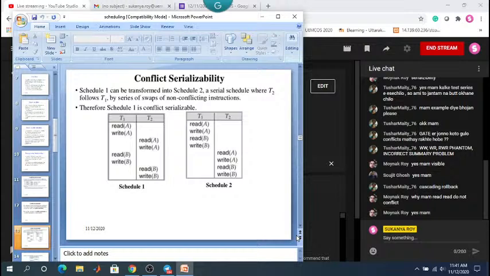But if I convert schedule 1 to schedule 2, then I can say schedule 1 is conflict serializable, meaning I can remove the conflict and make it conflict free by doing some swappings. See, I have moved read B before read A in transaction 2. That gives time to complete the operations on A, and we can easily proceed with transaction 2.